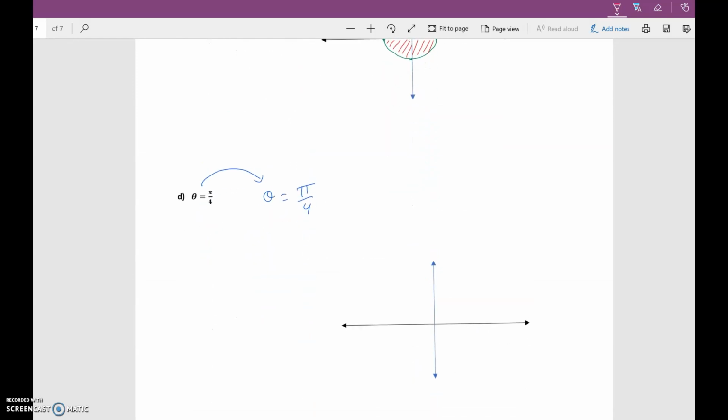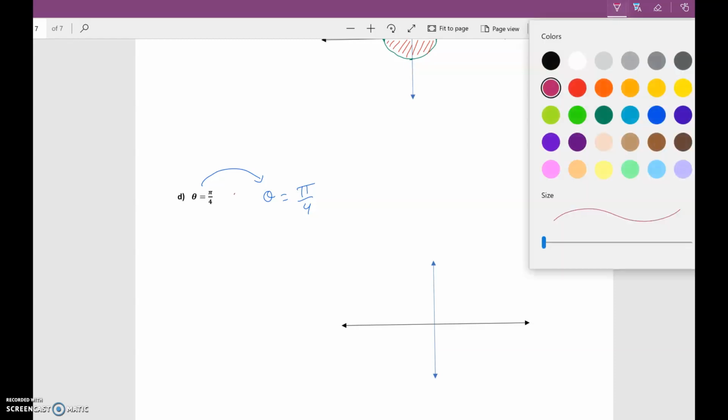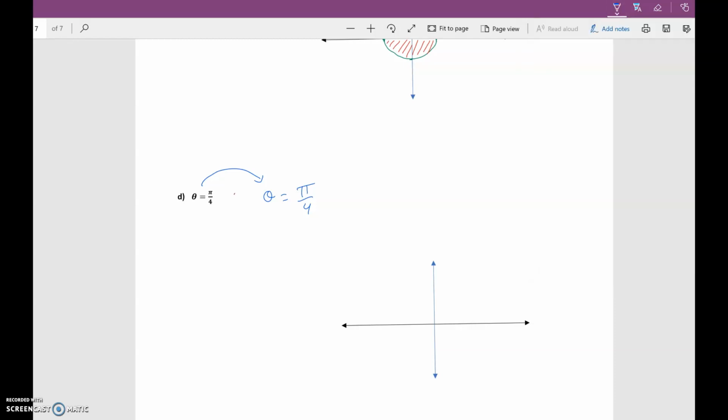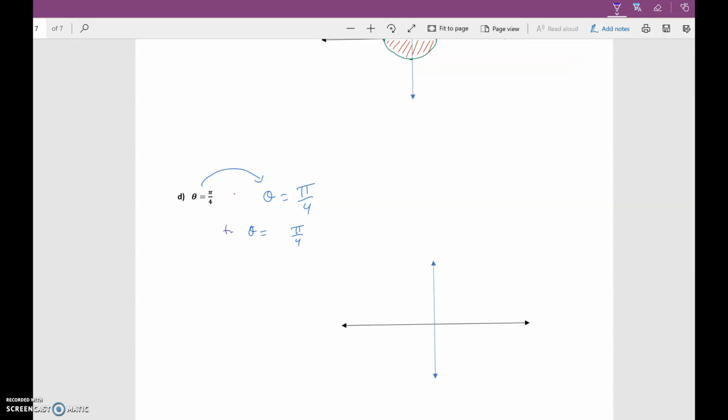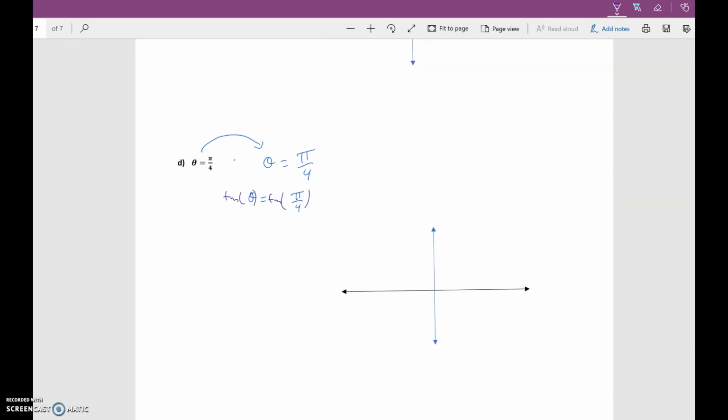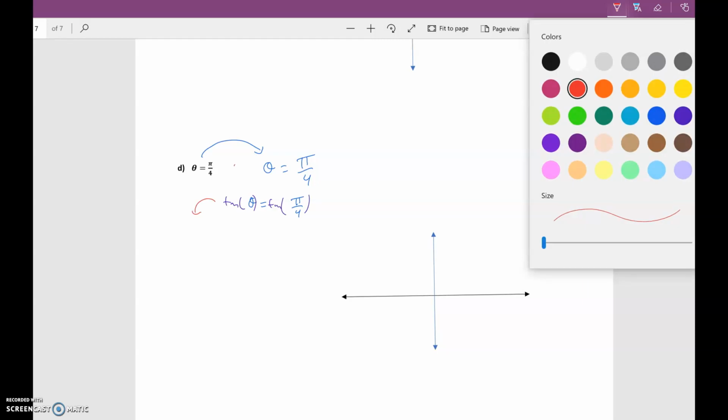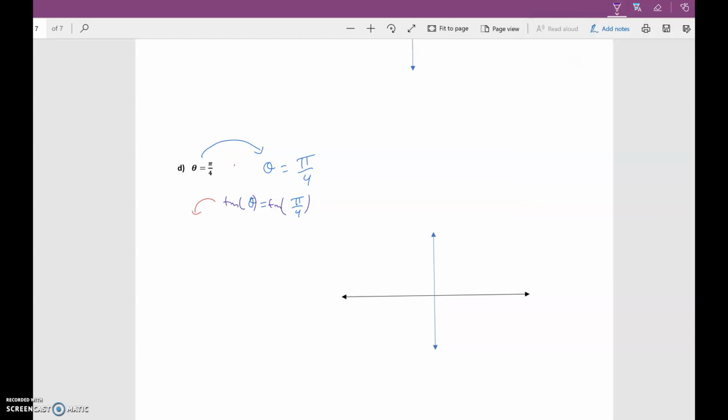Let me rewrite it since it's not going to fit. We still have theta is equal to pi over 4, so we're evaluating the tangent of theta and the tangent of pi over 4. Then I rewrite the equation so that the tangent of theta is equal to the tangent of pi over 4.